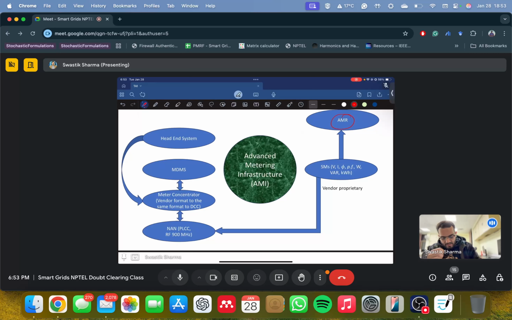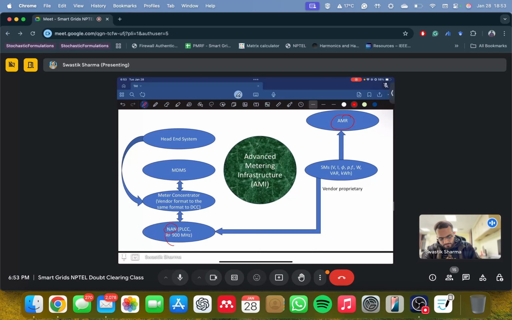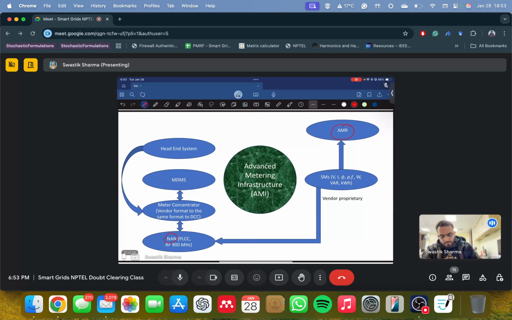So these are sent to what we call your meter data concentrator, using a neighborhood area network that can be a PLCC or a radio frequency of 900 megahertz. These are sent to the meter concentrator, where all the other smart meters send information: smart meter 1, smart meter 2.